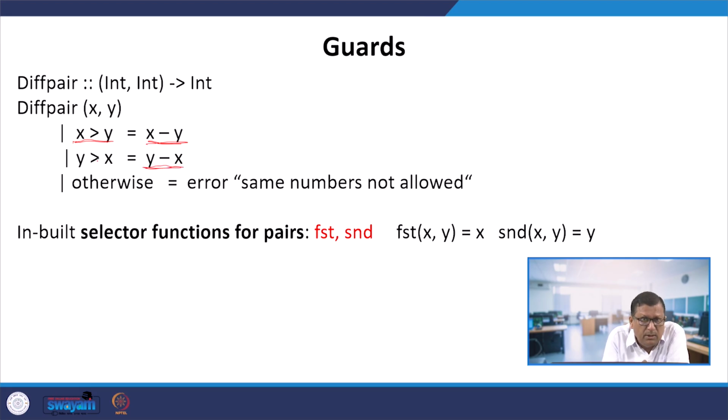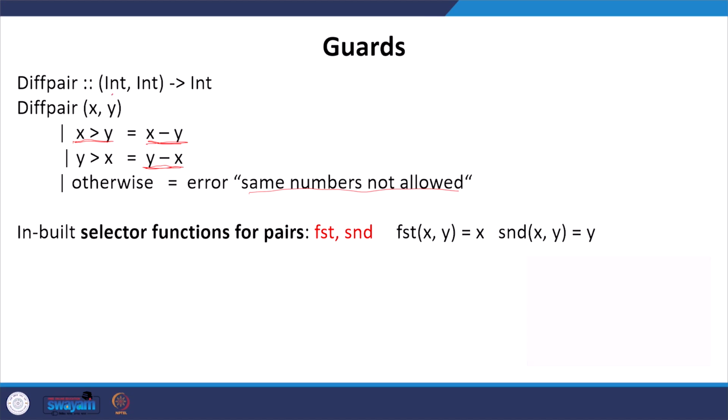If that is not the case, that means x is less than or equal to y, and also y is less than or equal to x. Combining these two, that means x is equal to y, they are the same numbers, and we are saying this is not allowed. Just some printing things we are doing, error type.